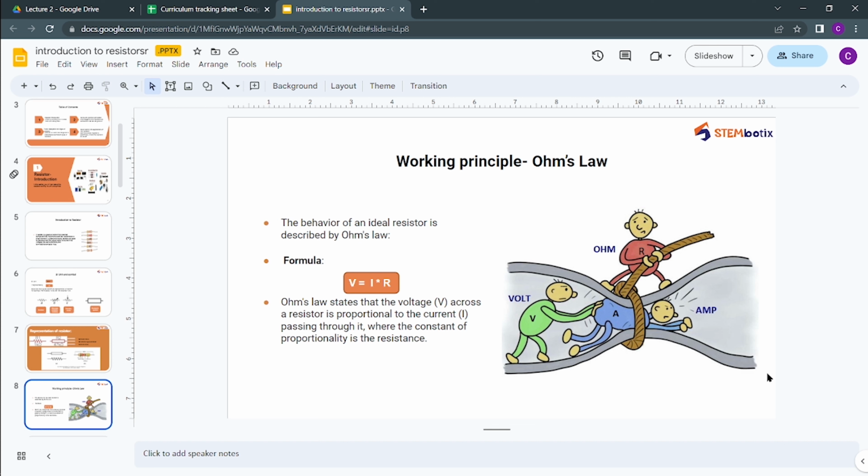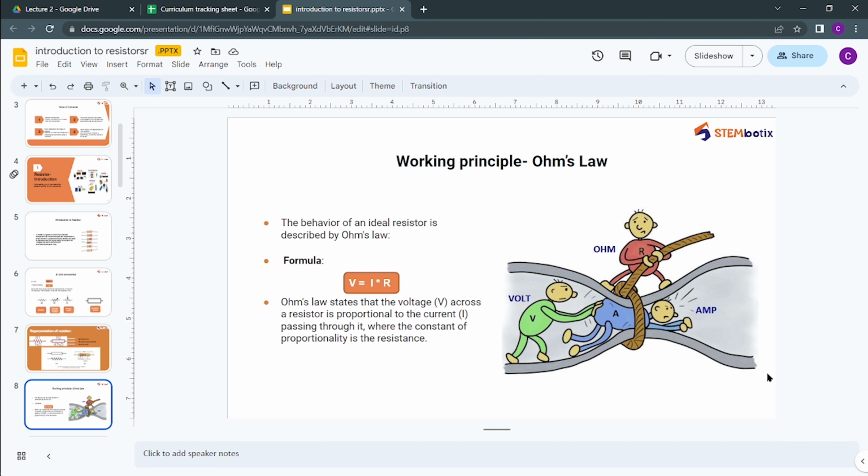The current coming in goes through R1, R2, up to Rn and leaves the network through this node. So there is no change in current throughout the network, in R1, R2 and R3.